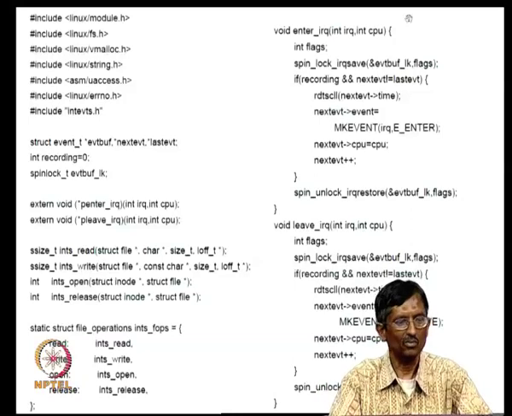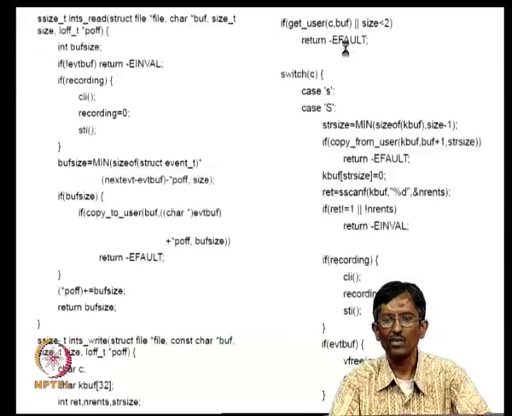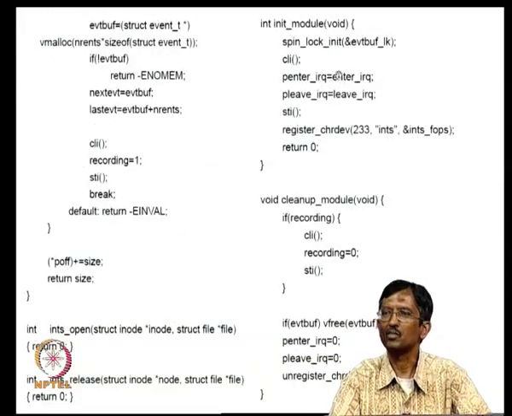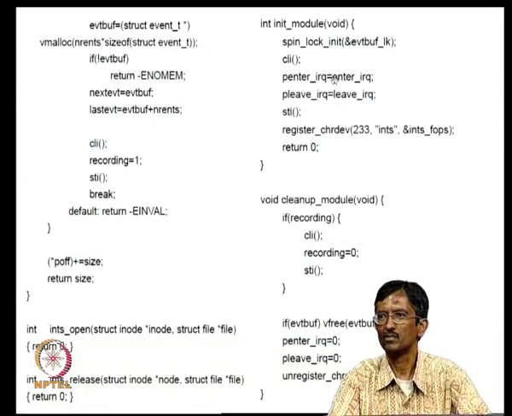Okay. So anyway, all I am trying to say is that there are functions available that can be executed on every entry of the interrupt, and a function that can be executed every time you leave it. And now I am defining it also. So this module is going to define what has to be done.